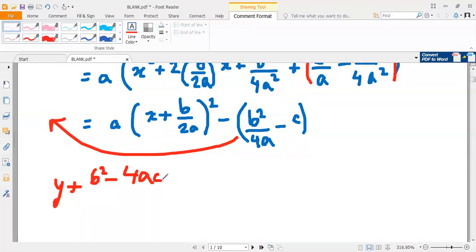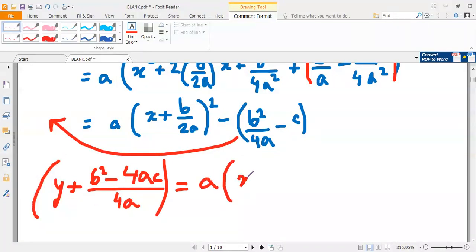If it looks familiar, that's nice, because it's actually the expression for the discriminant of a quadratic equation, basically the discriminant part of Sridharacharya's formula. So I get 4a in the denominator, and this is this portion, and on the other side I have a into x plus b by 2a whole square.